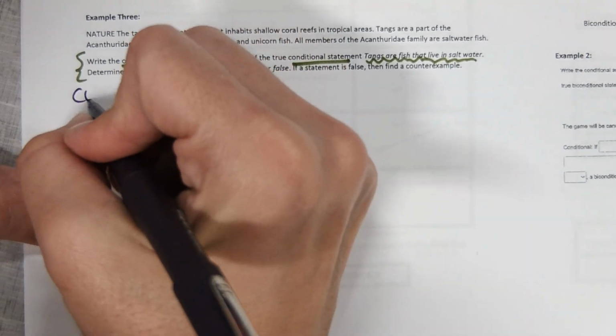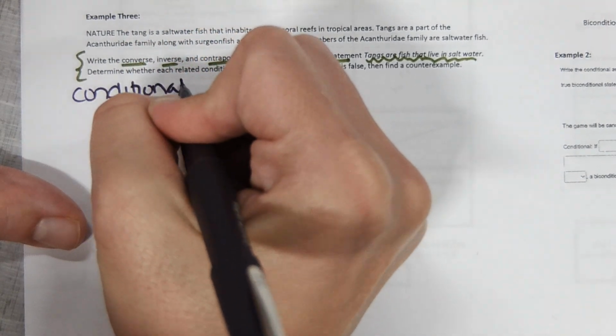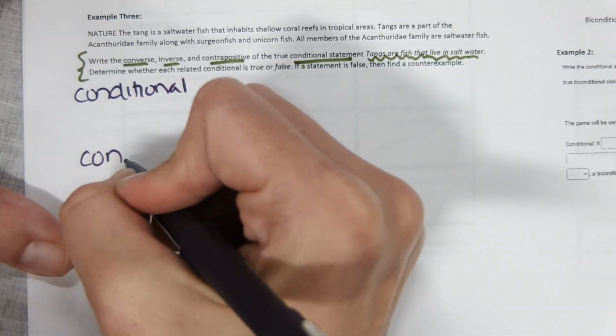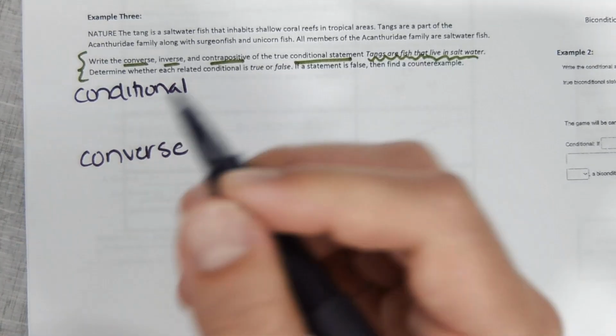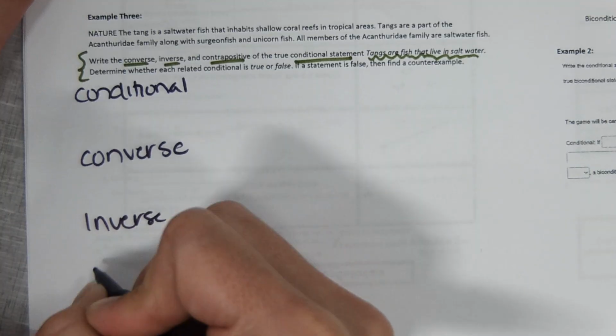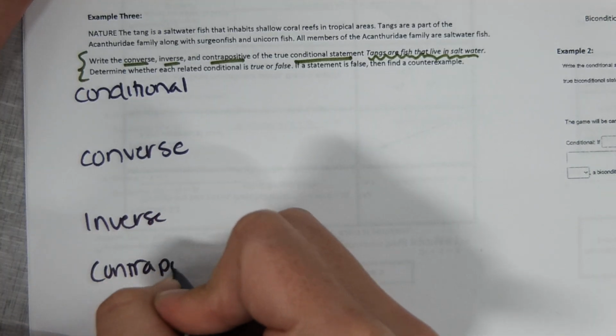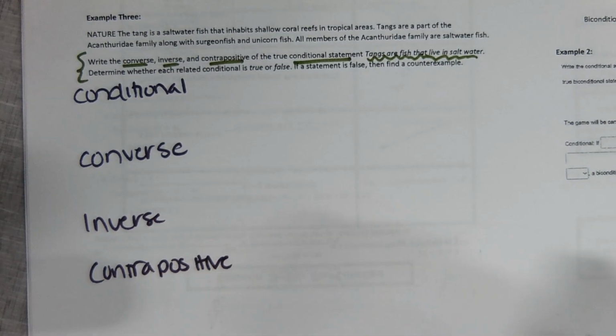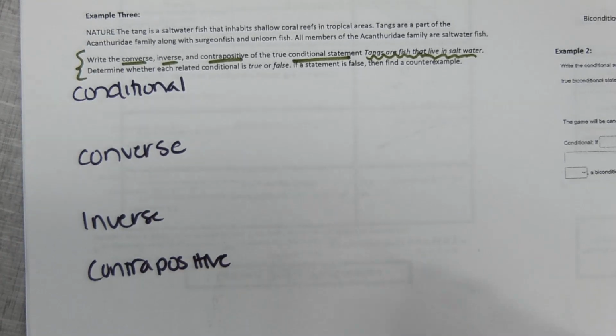Okay, so what it wants us to do is write a conditional, converse, and this is what you need to be able to write down from memory. Conditional, converse, inverse, contrapositive. And this is what I do too. And every year I have to rememorize it because I don't keep it in my working memory.